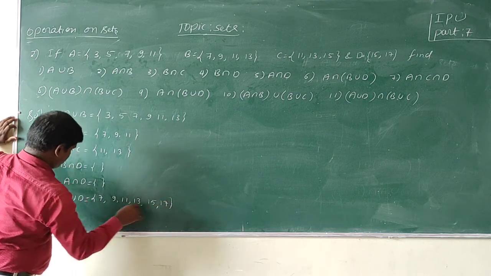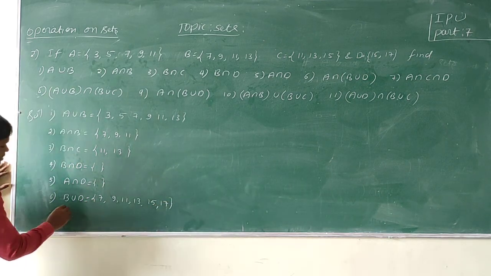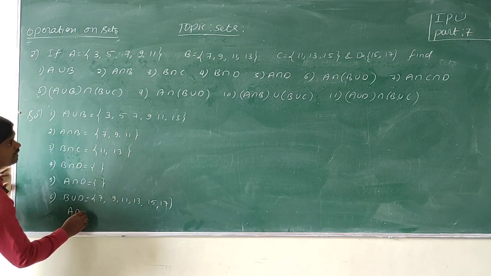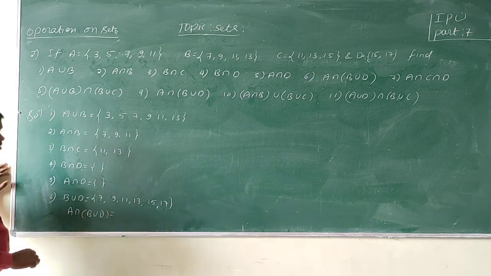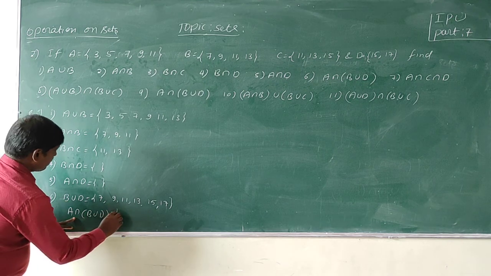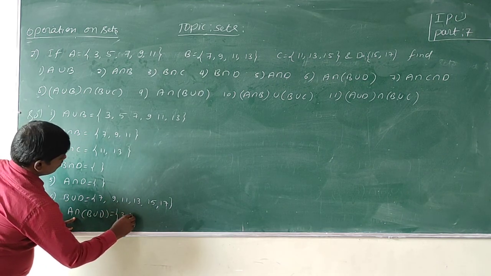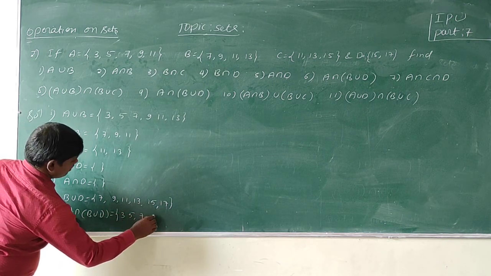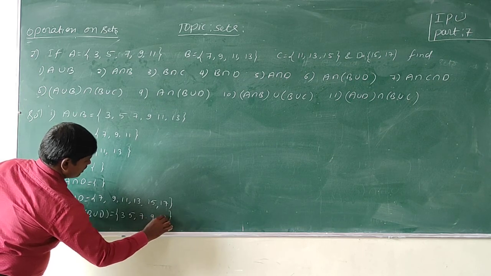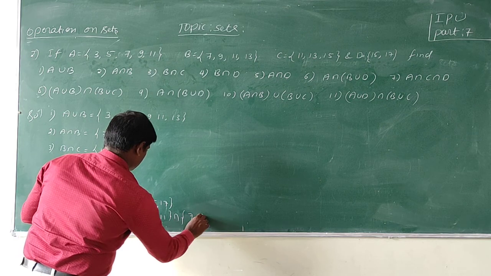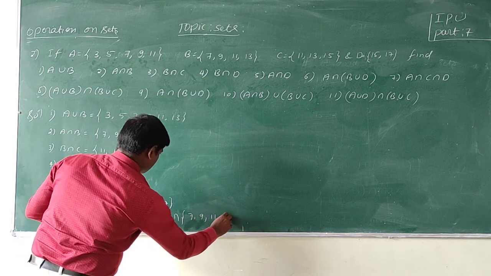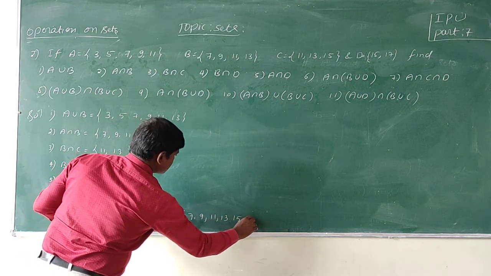Then set A is 3, 5, 7, 9, 11, and we intersect it with this set, 7, 9, 11, 13, 15, 17.